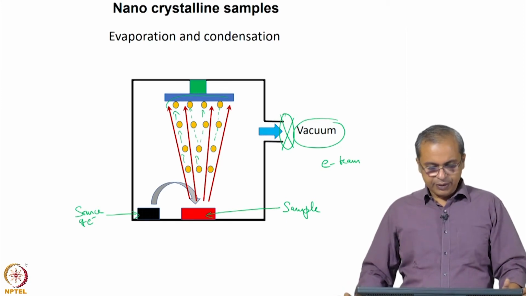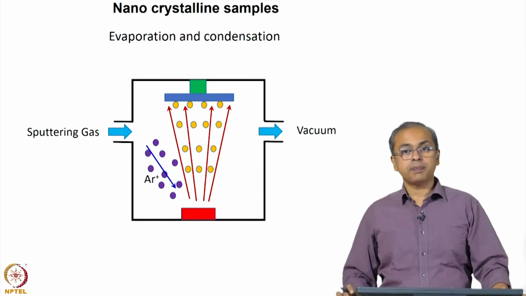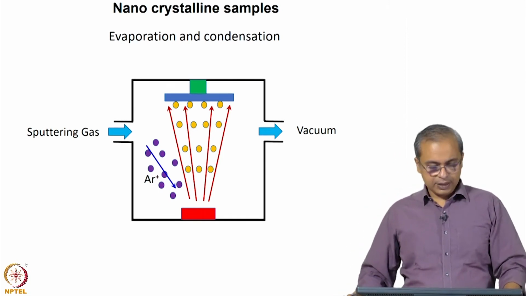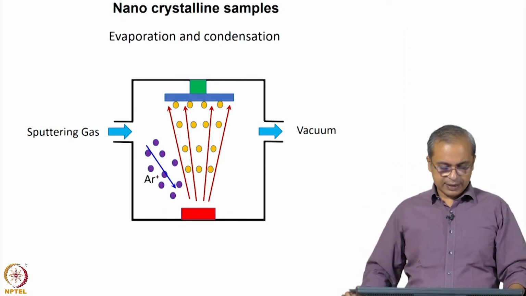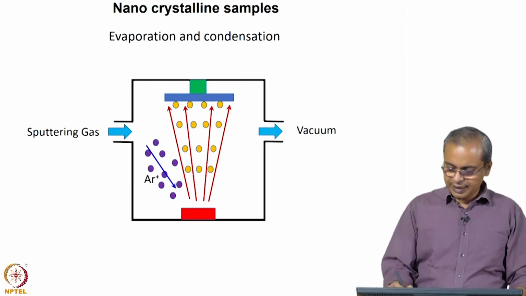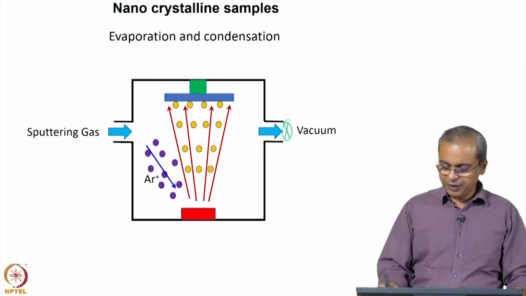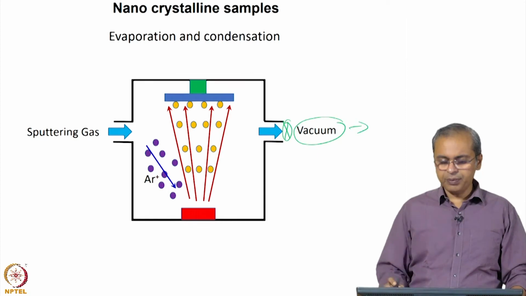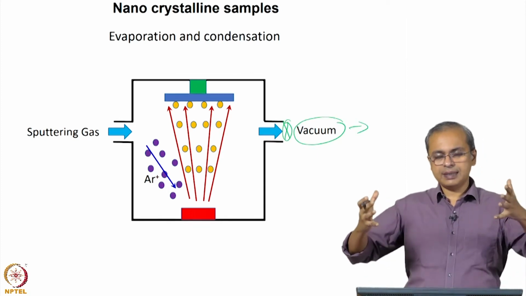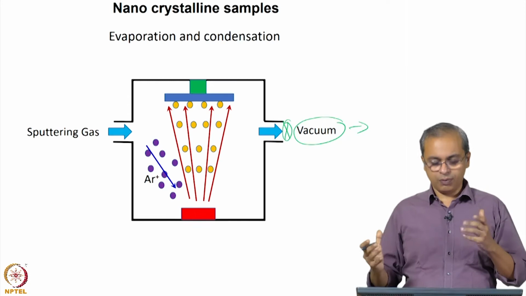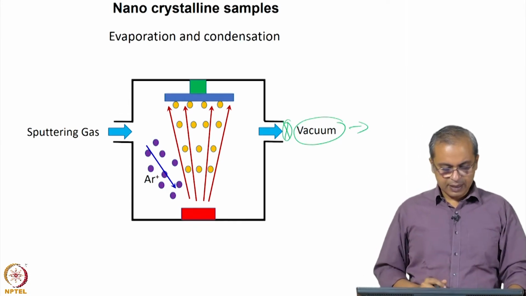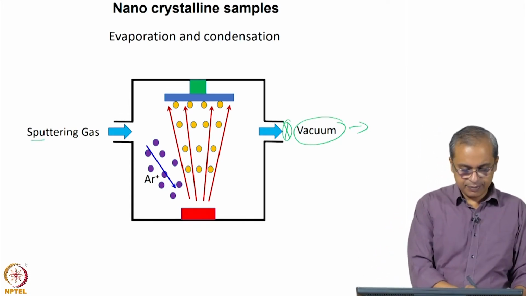One more variation we can use, which is called sputtering. So, in sputtering what we do is there is a very similar process again. You have a valve here and then you have vacuum. So, you draw vacuum, and then once the vacuum system has developed low enough vacuum conditions, you send in a sputtering gas.